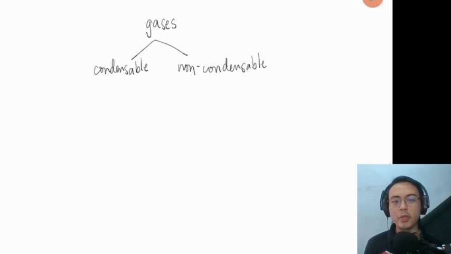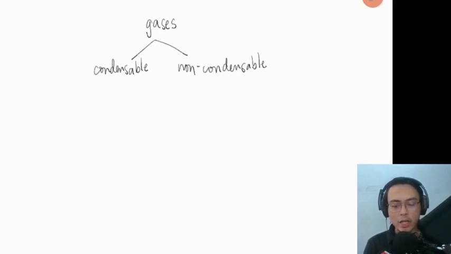So how do you determine if a gas is condensable or if it is non-condensable? If you can condense that substance from the gas phase to the liquid phase at ambient temperatures, meaning at temperatures above 0 degrees Celsius or sometimes even a little bit below 0 degrees Celsius, that is a condensable substance.